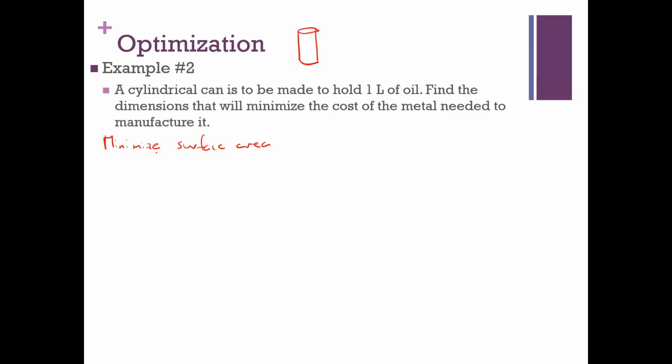So if we're going to minimize the surface area, we should probably have an equation for the surface area of this kind of thing. And before we even think about doing this equation, we should probably think about what variables we're looking at. So I drew a cylinder that's actually pretty good. What features of this cylinder do I need to be focusing on?